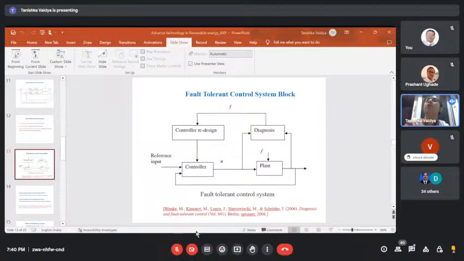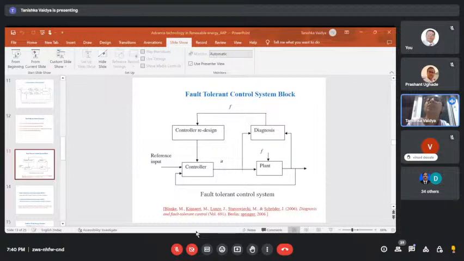For example, if a speed sensor or encoder is reading the speed of the wind turbine and this sensor fails, the control system will analyze from the different sensors and estimate mathematically the speed of the rotor, and that speed will be given to the controller.